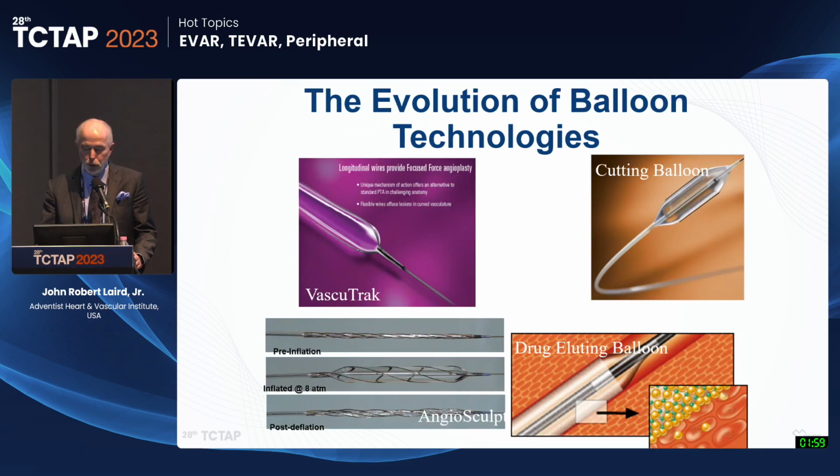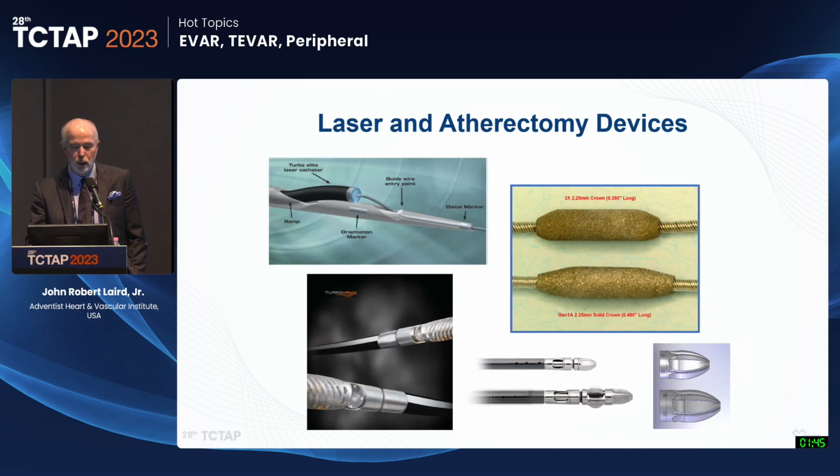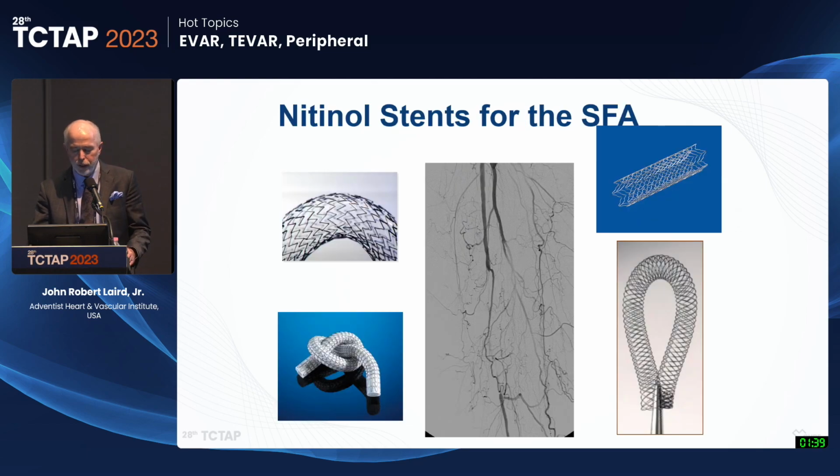Because of these challenges, we've seen a whole host of different technologies, multiple different balloons: hot balloons, cold balloons, cutting balloons, scoring balloons, serrating balloons, and then more recently drug-eluting balloons. There are a whole host of CTO devices that have been developed, laser and atherectomy devices, and a variety of different stents, including standard laser-cut nitinol stents, covered stents, woven nitinol stent, and most recently paclitaxel-eluting stents for the SFA and popliteal arteries.